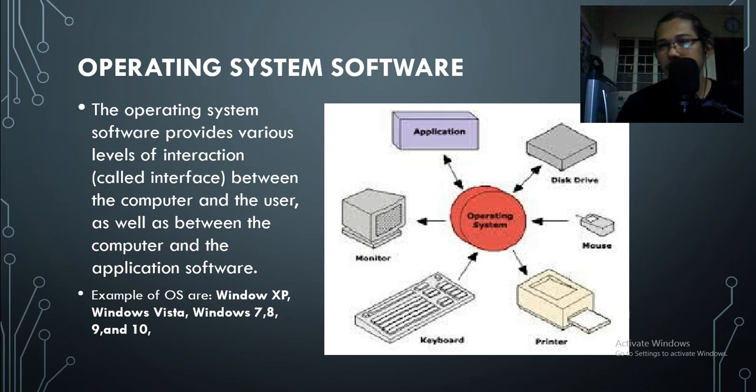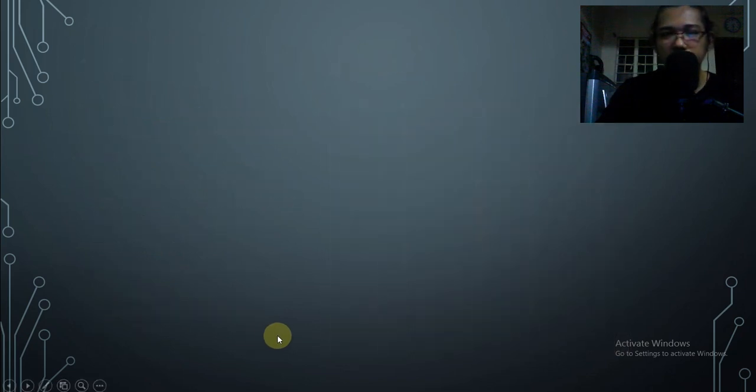So, ibig sabihin, kung ang gamit mong computer ay Windows 7, tapos 32-bit siya, hindi siya gagana sa computer mo. So, useless, no? Sayang yung application. So, that's how application is connected to an operating system. They must be compatible to each other.